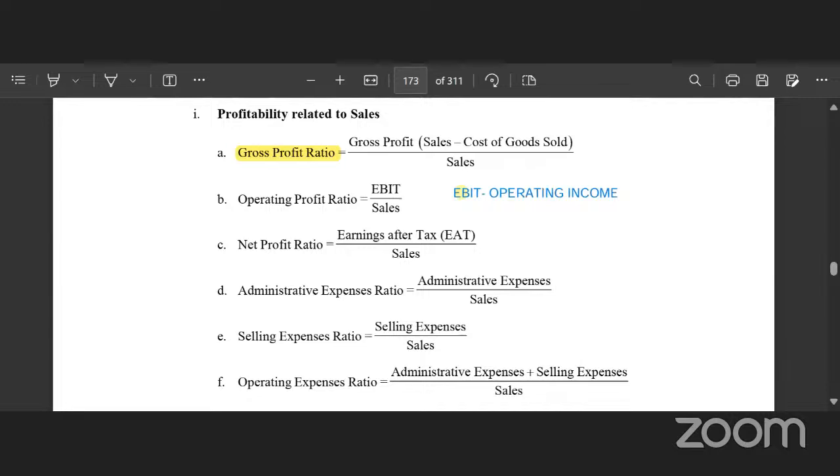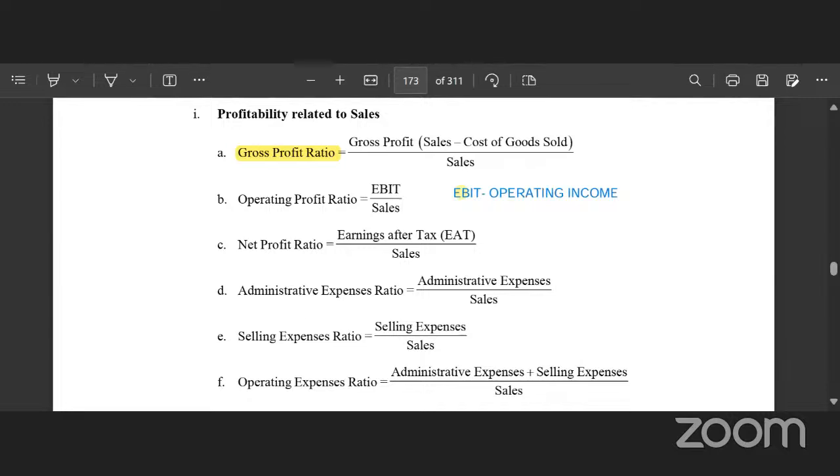Net profit: first you have to pay interest, then tax, then preference dividend, and then you get the net profit ratio, earnings after tax, that is net income available to equity shareholders, divided by sales.